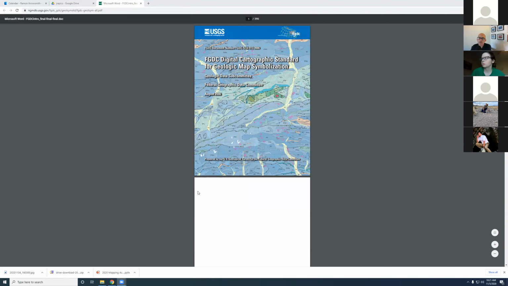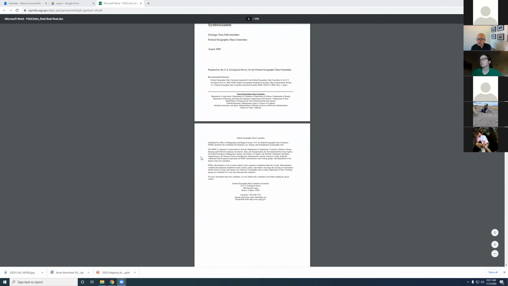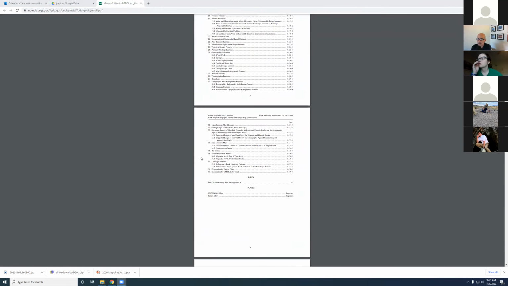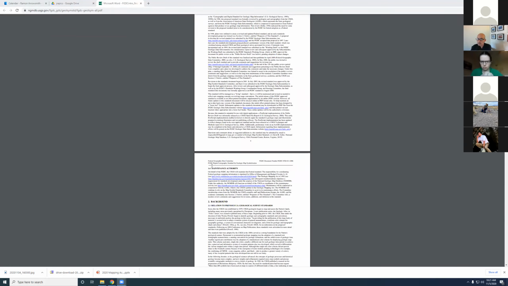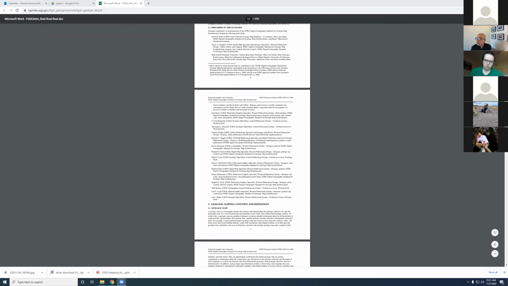I'm just looking at the file that Joe sent. This is the right sort of thing to be looking at, but as I said, we don't want to overcomplicate. This isn't a class about cartography. I was just looking at the faults section, and it was close to what you put up on one of your slides.